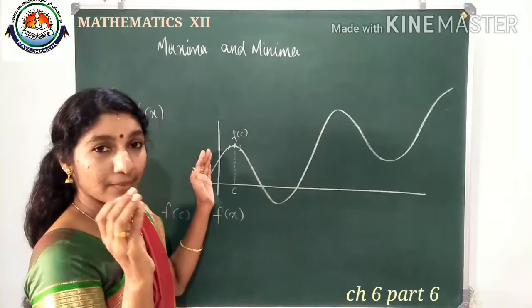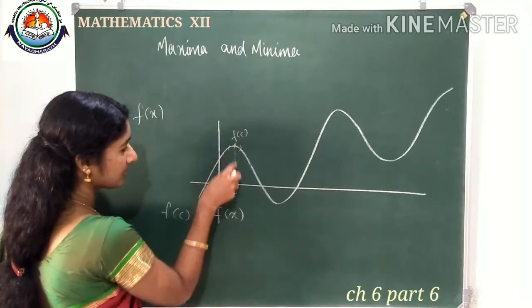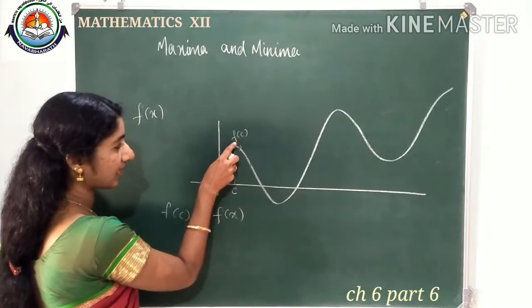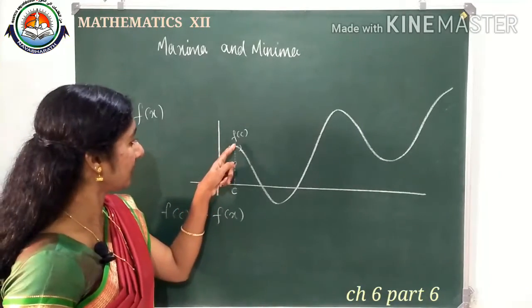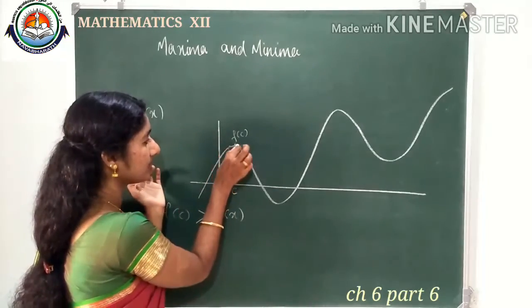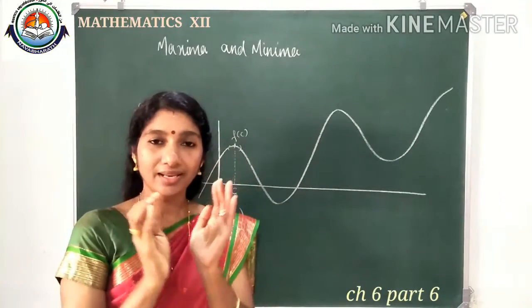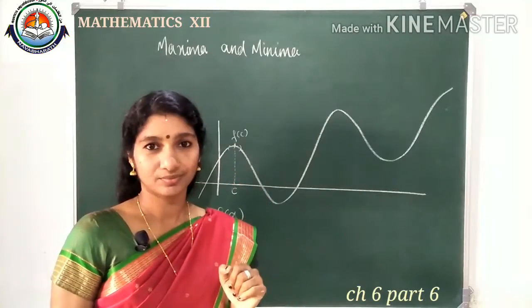So in this type of situation, we get a point C, and at C this value f of C is greater than all the values in its neighborhood, means its left side and right side nearest values. Comparing with those neighborhood values, this f of C is a greater value.